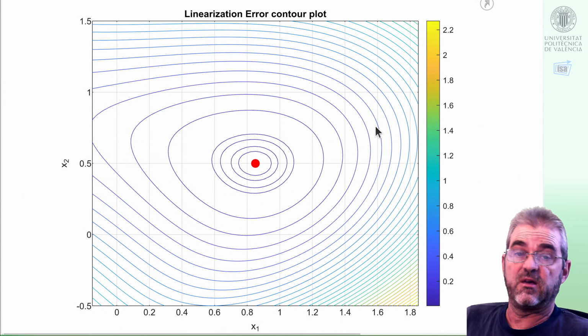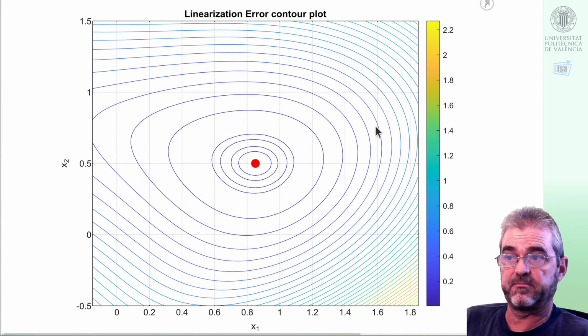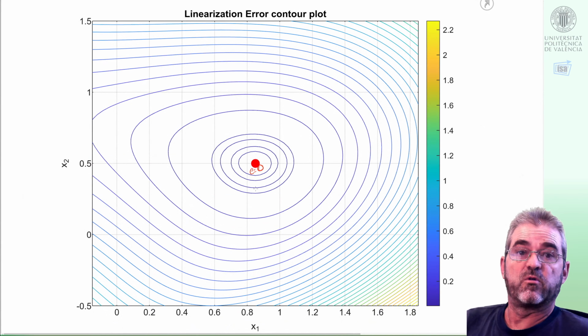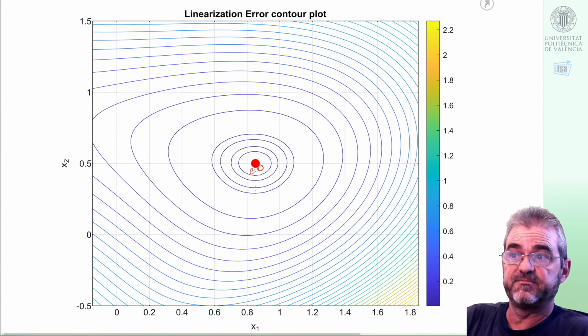And then here we have the linearization error. Of course, linearization error is 0 at the operating point, because if increments of x are 0, then increments of y predicted are 0. We are at the operating point.